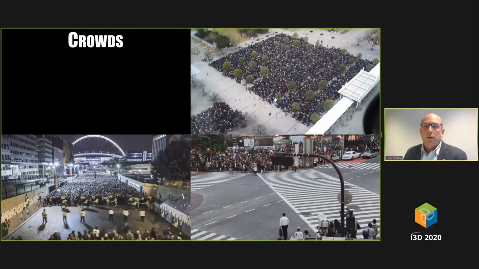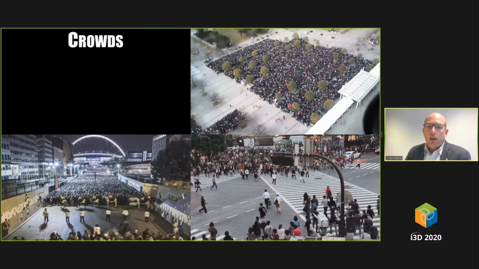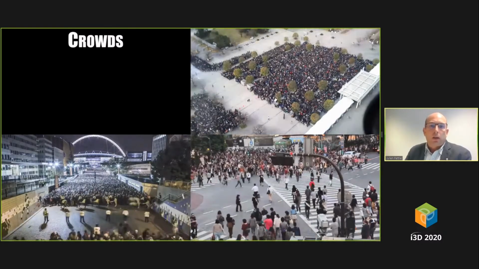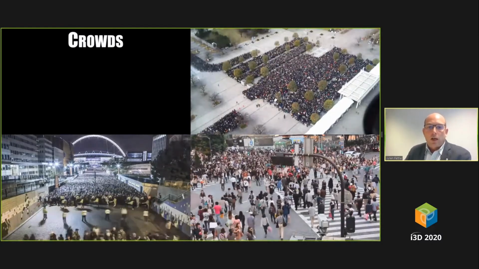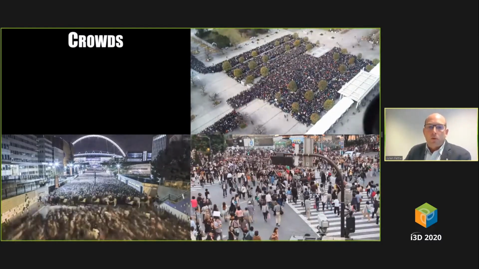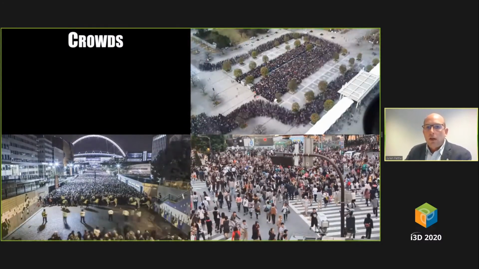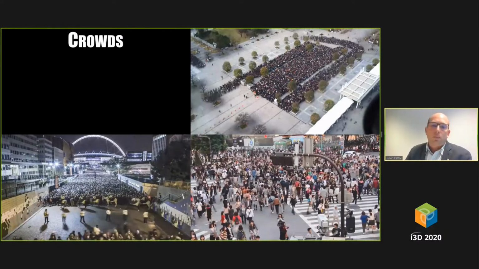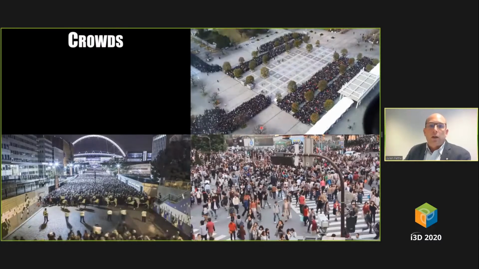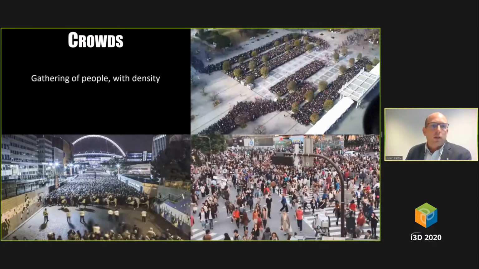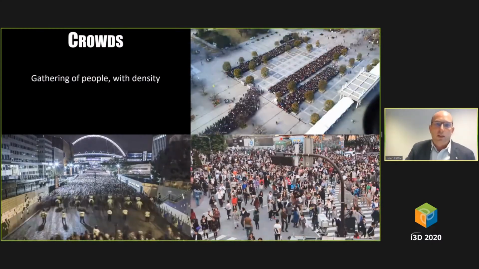Let me first say a bit about what a crowd is. Crowds can take different meanings depending on the discipline that is considering them as a research topic. We are more interested in the physical definition of crowds, which means that we are interested in the way a crowd moves. A crowd can then be seen as a gathering of people with a certain level of density.